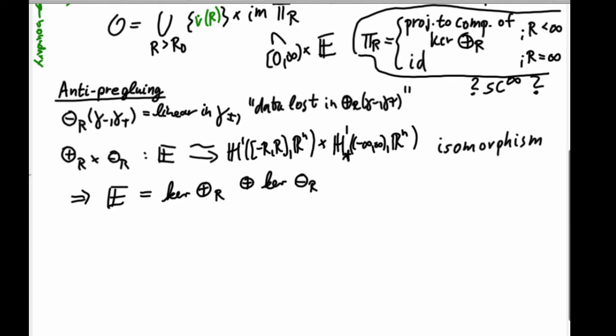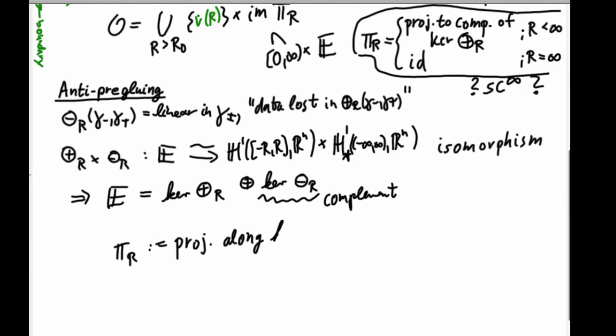This is my chosen complement. And I can now more rigorously define pi r as the projection along the kernel of the plus gluing, because I don't want to actually change the value of the plus gluing as I project onto the kernel of the minus gluing.